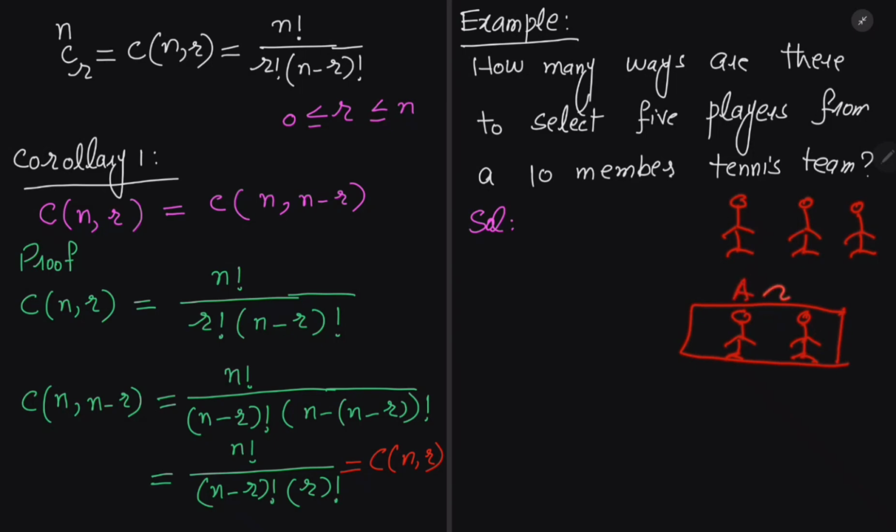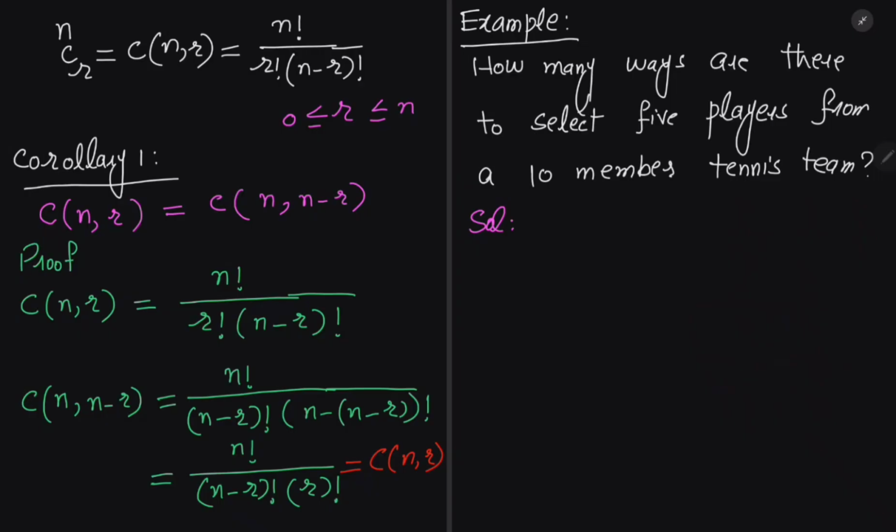If this is A, this is B, if you apply permutation and change the order, this is B, this is A, so it will not give you any new information. So it means that we cannot apply permutation in that case.